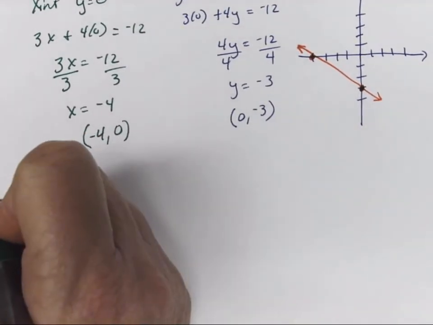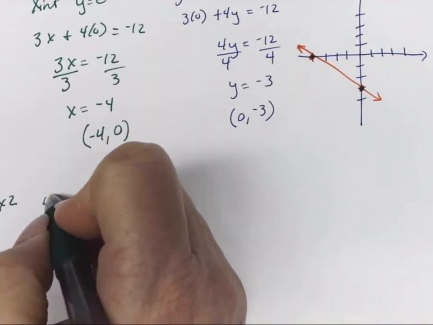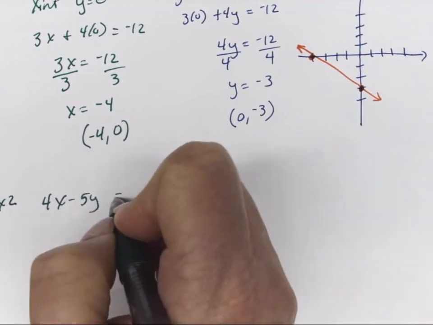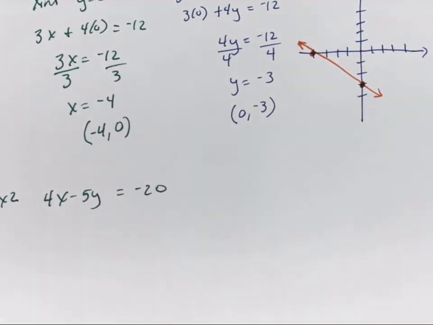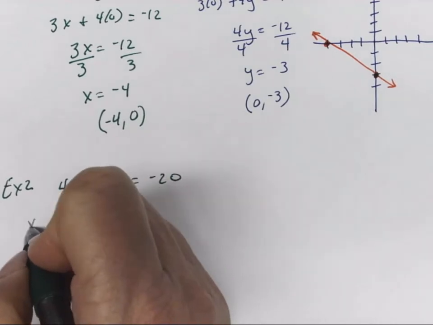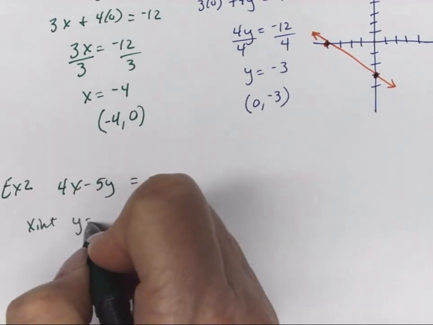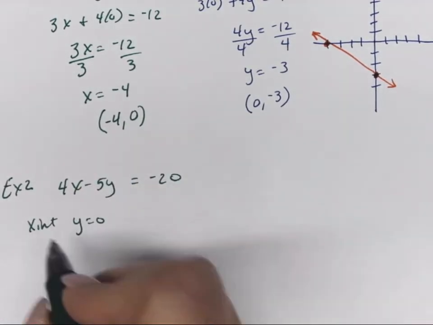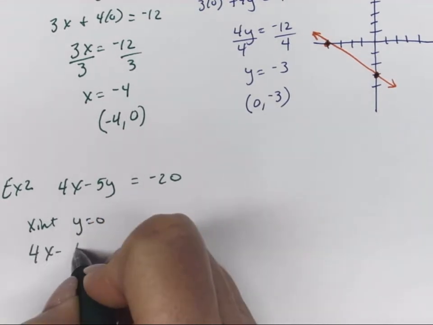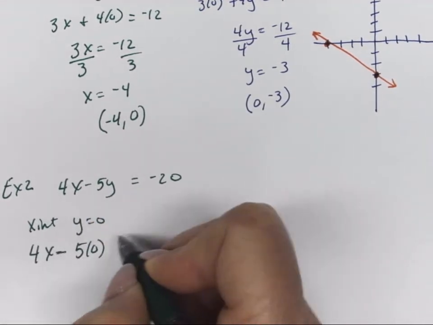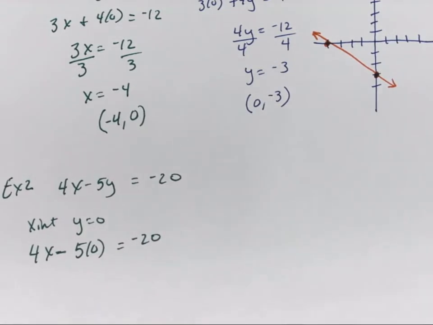So for example 2, we are given 4x minus 5y is equal to negative 20. So again, to find our x-intercept, we will set y equal to 0. So 4x minus 5 times 0 is equal to negative 20.